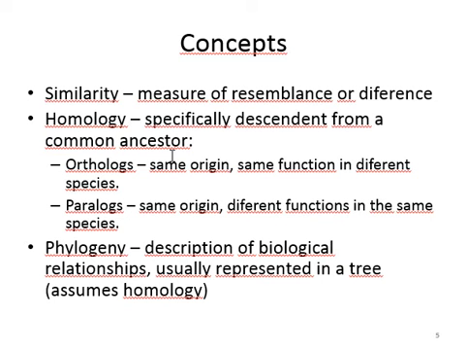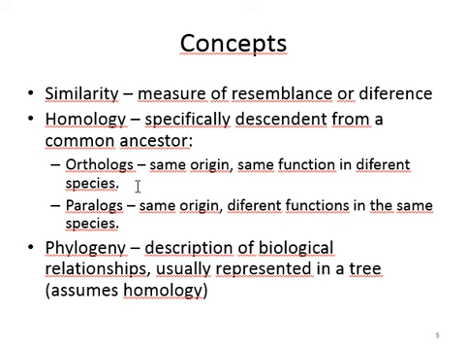Among the homology that have a common ancestor and they evolve by divergency, you really have two types of homology. The same origin in the same species that a gene acquired a different function, they're called paralogs. If you have different organisms, different species that have the same protein with the same origin that evolved, they're called orthologs.